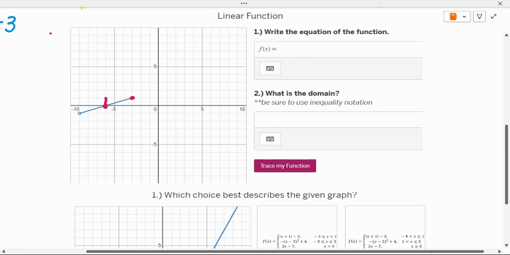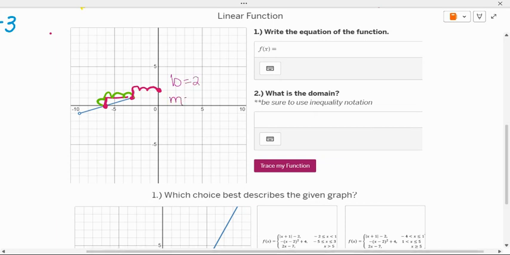So I can count my slope. I see that I go up 1 and to the right 1, 2, 3. If I repeat that pattern of up 1 and to the right 1, 2, 3, I then am able to see that my y-intercept equals +2.